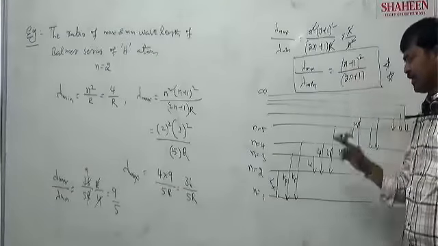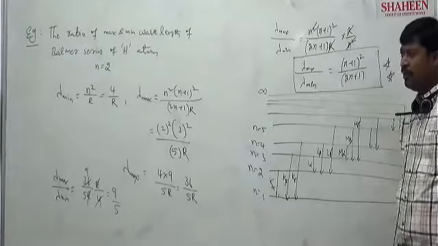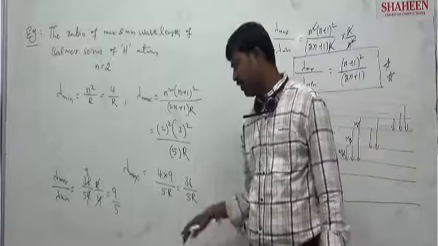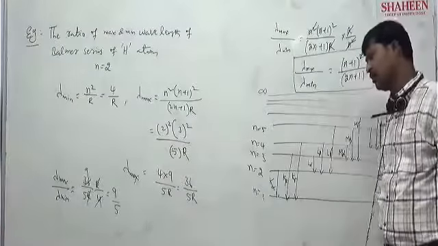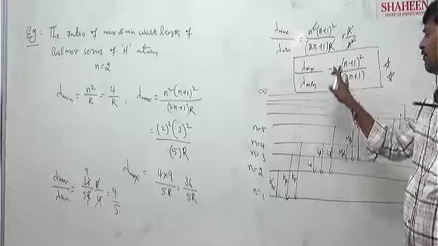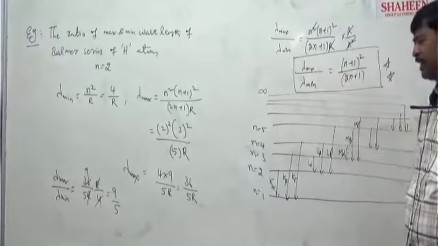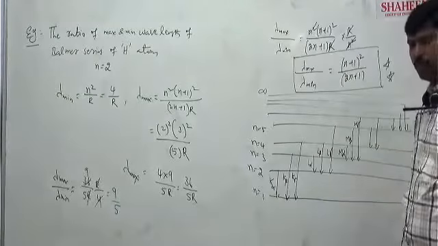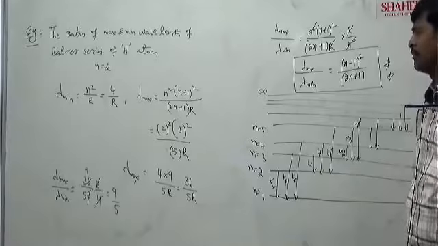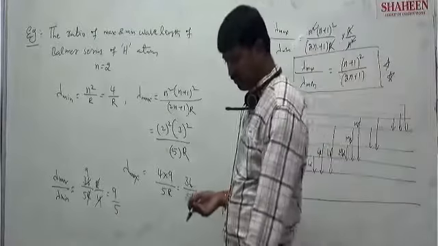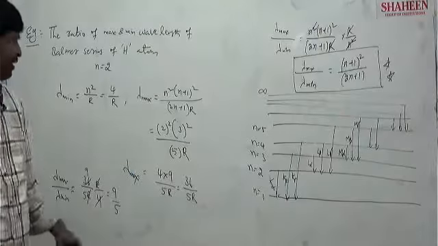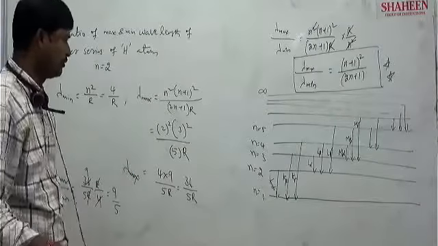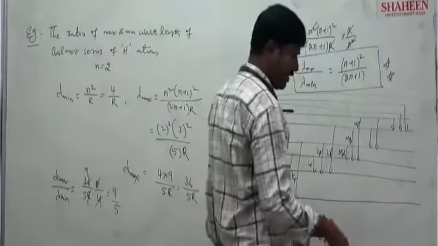So 9 by 5 direct answer. But we simply calculated lambda minimum and lambda maximum to show how to use the formula. If they ask only the ratio, we can use the direct formula. Sometimes they will ask lambda maximum and also the ratio of lambda maximum to lambda minimum, so at that time both formulas we have to use. Question is clear?